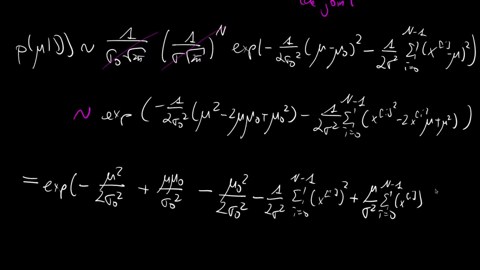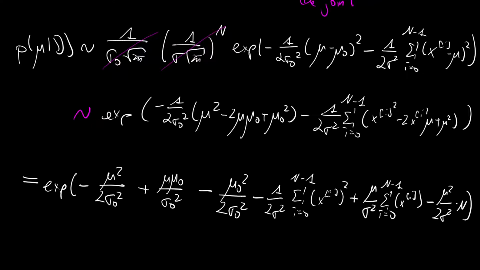And then lastly, we have minus mu squared over 2 sigma squared, and we would have the summation from i equals 0 to capital N minus 1 over this entire term. And since there is no index i involved, we can just multiply with n, because we would add this up n times.